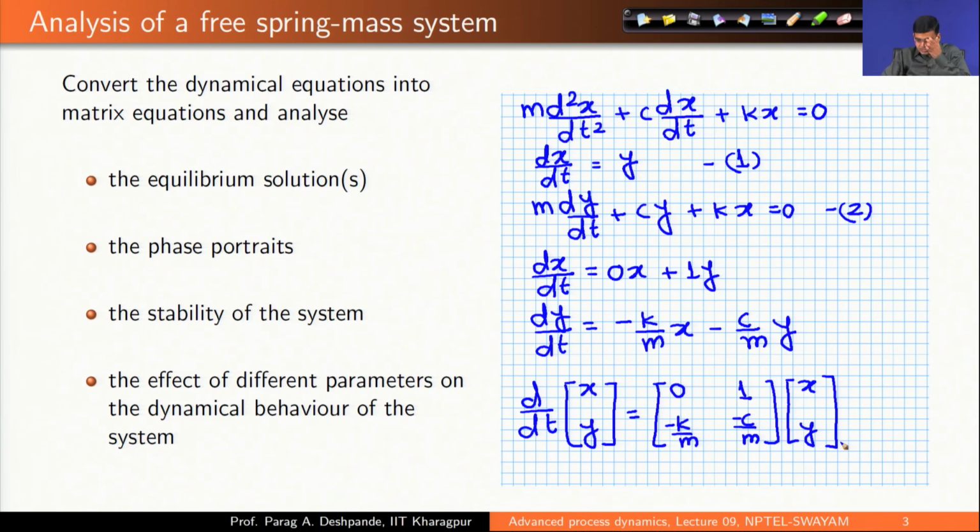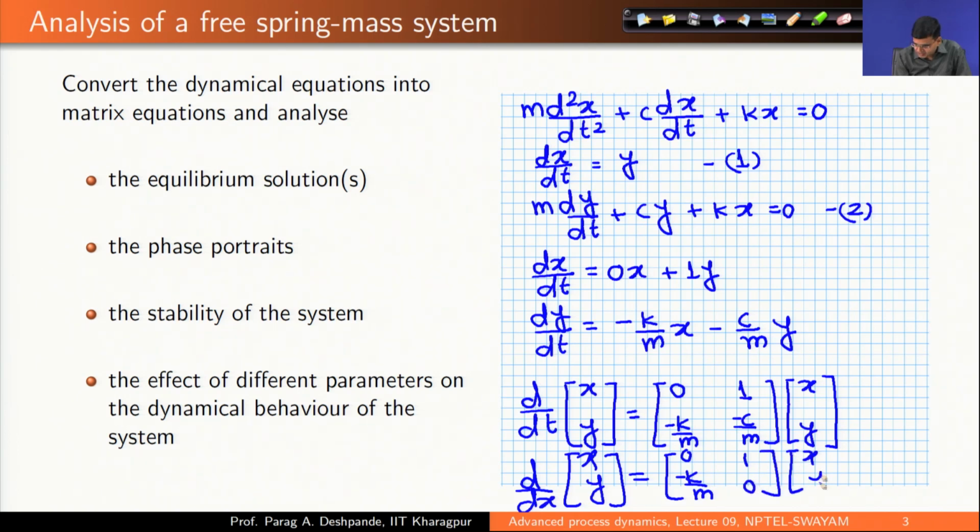So, now if I compare and contrast this equation with the previous equation, which is d by dt of (x, y) is equal to 0, 1, minus k by m, 0 times (x, y), then I will see that the functional form of the two equations is identical.